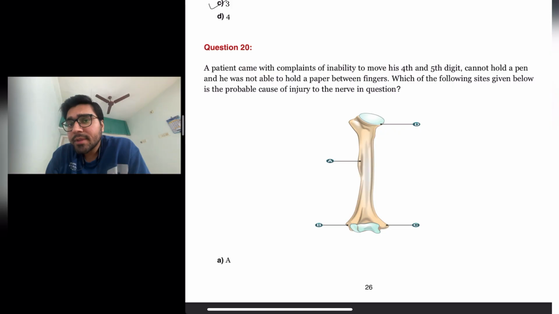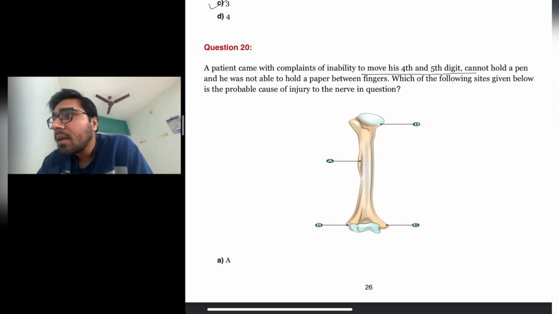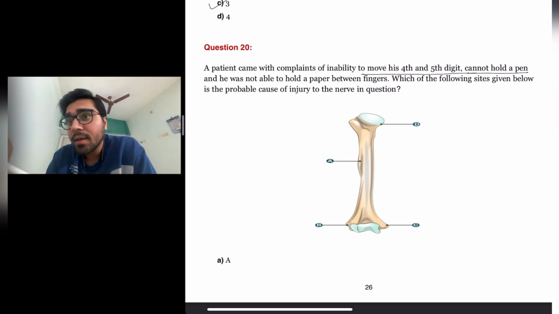First of all, this scenario talks about injury to the ulnar nerve, because the patient is unable to move his fourth and fifth digit, cannot hold a pen, and is not able to hold a paper between the fingers.